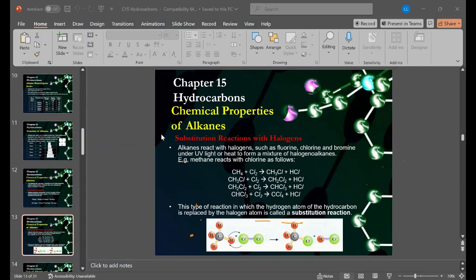All right. Right, so alkanes react with halogens such as fluorine, chlorine, and bromine under UV light or heat to form a mixture of halogenoalkanes or haloalkanes.